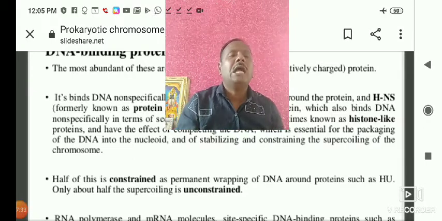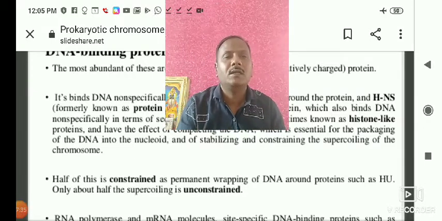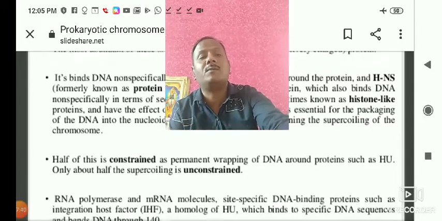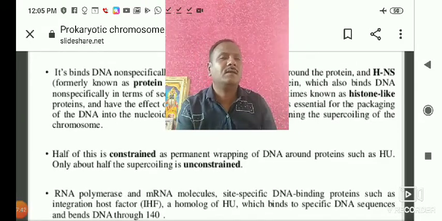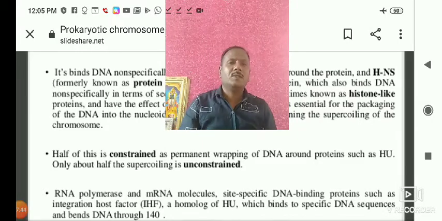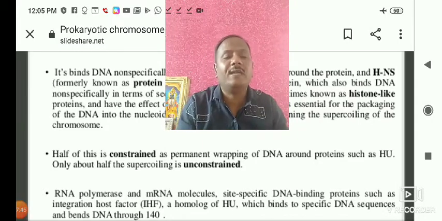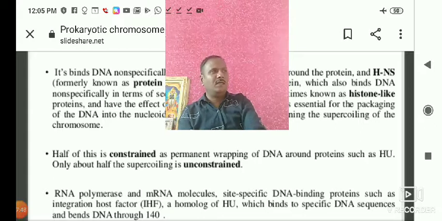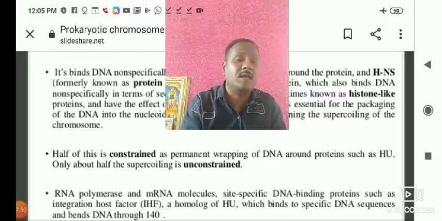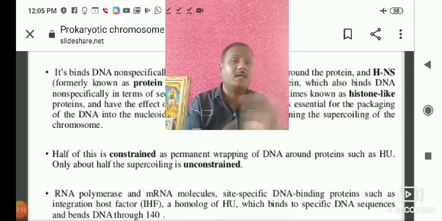It means the amount of HU protein is much more compared to other proteins involved in DNA attachment. And apart from that, RNA polymerase is an enzyme; each and every enzyme is made up of proteins, but all proteins are not enzymes.